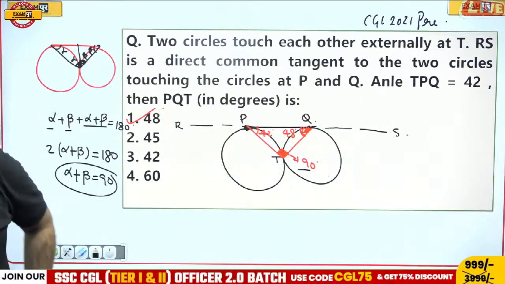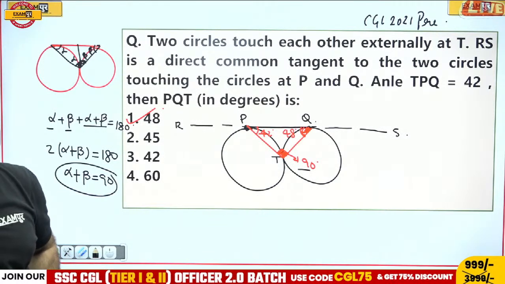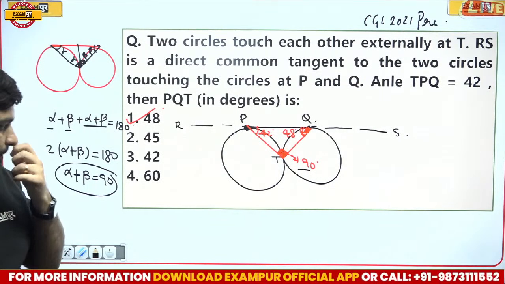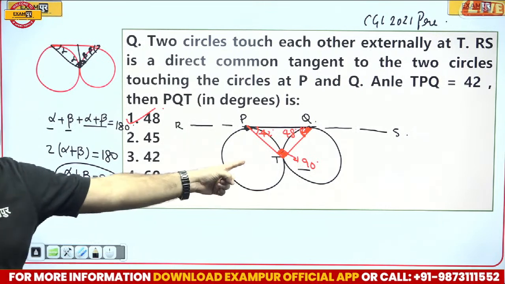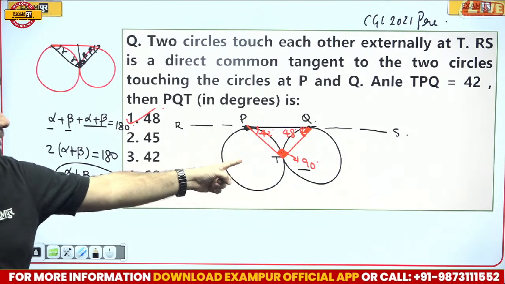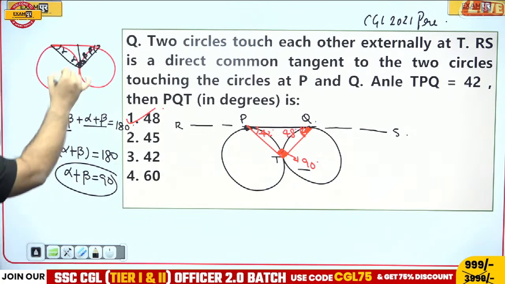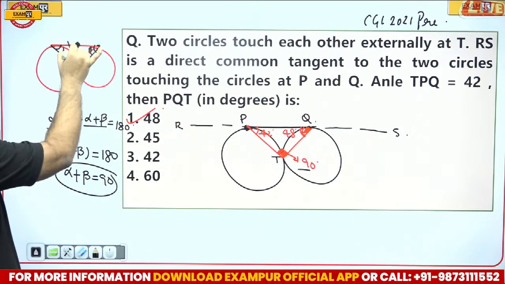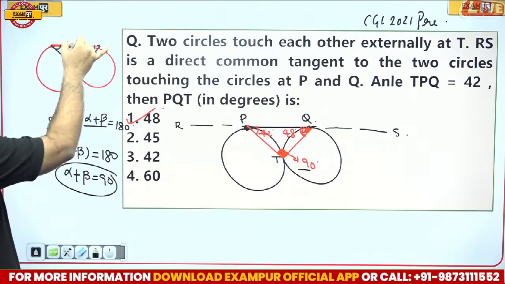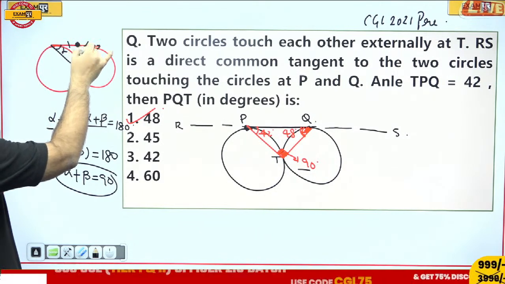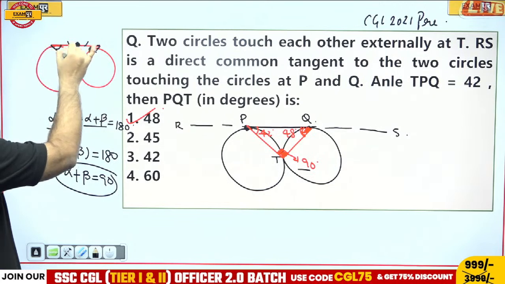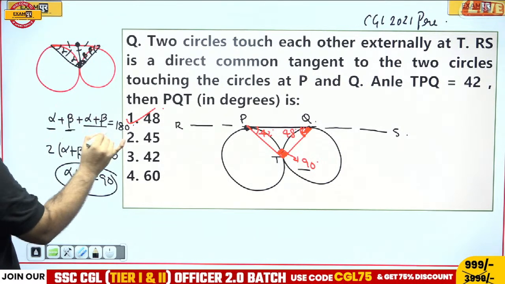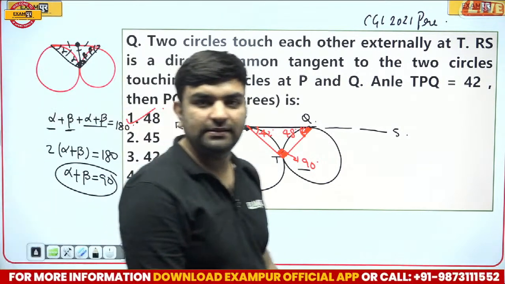Very good proof, guys. So now you would always be using this as 90, because from an external point, two tangents are of equal length, so equal angle.